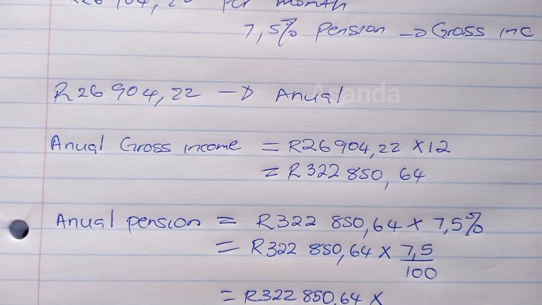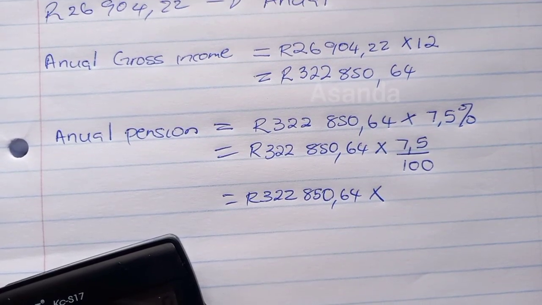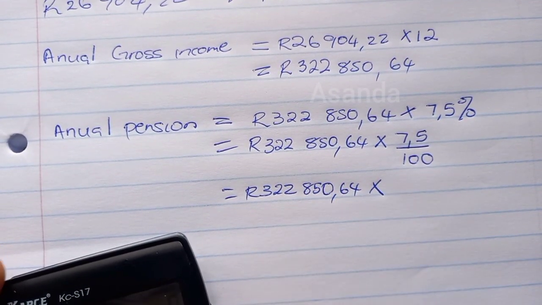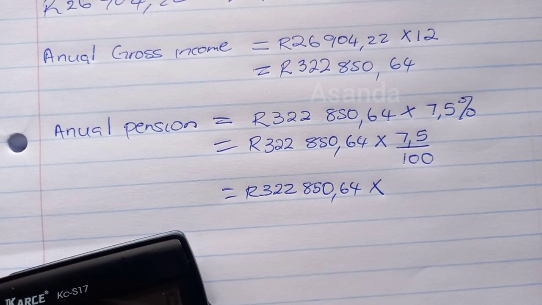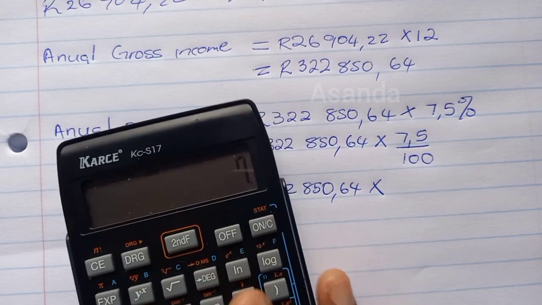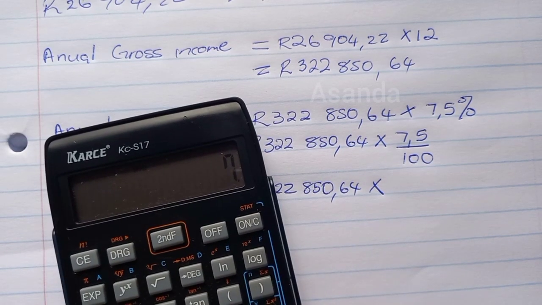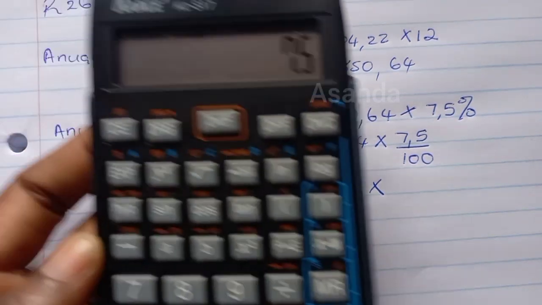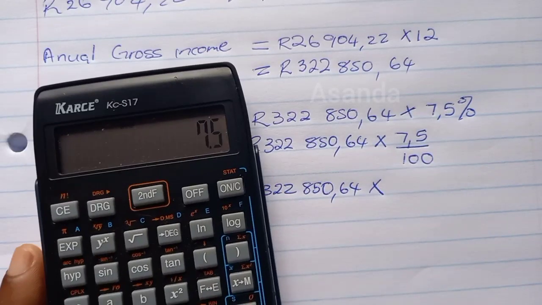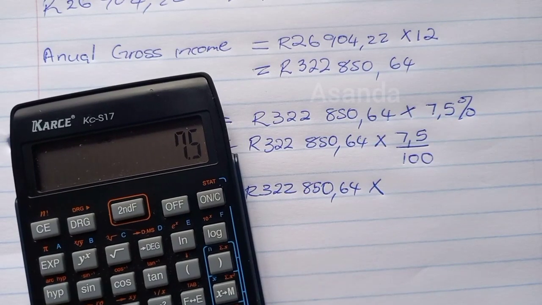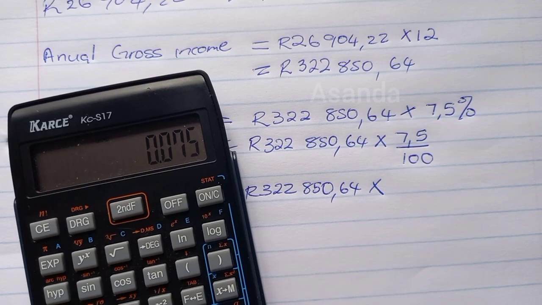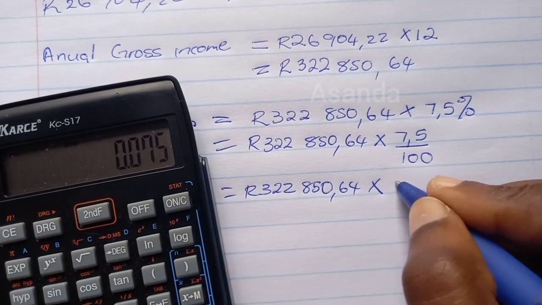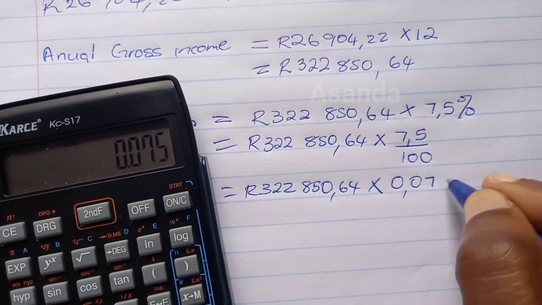Multiplied by 7.5. What I'm going to do is 7.5 divided by 100, and I get 0.075.